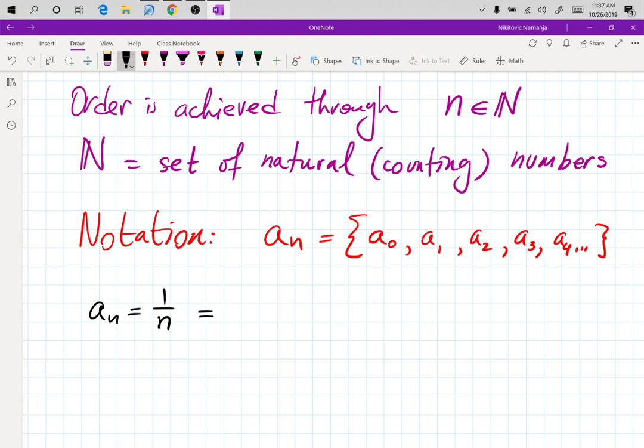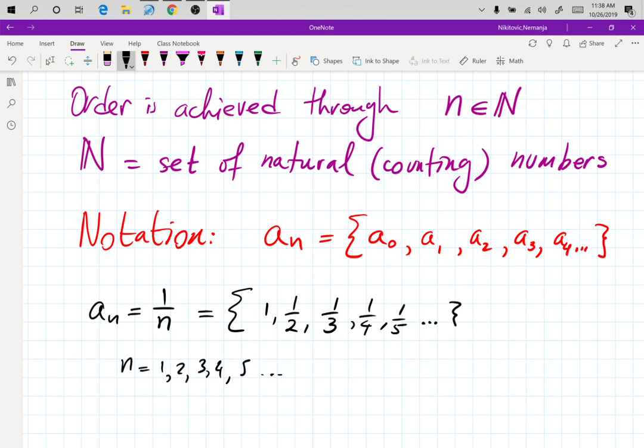So now, what is the sequence? Well, let's say n will start at 1, and then 2, and then 3, and then 4, and then 5, and then go forever. So this will be 1, 1/2, 1/3, 1/4, 1/5, going to infinity. So this is what ordering is, right?